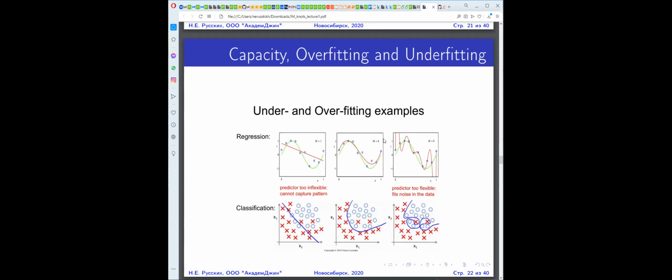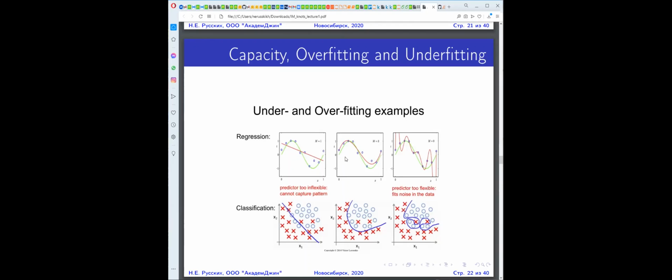And if we take a polynomial with too low a degree, say just a linear function, there is a big discrepancy between our estimations and the true values of the function.